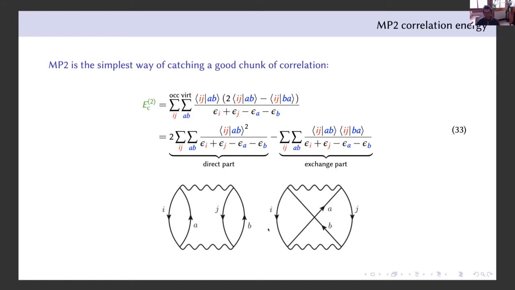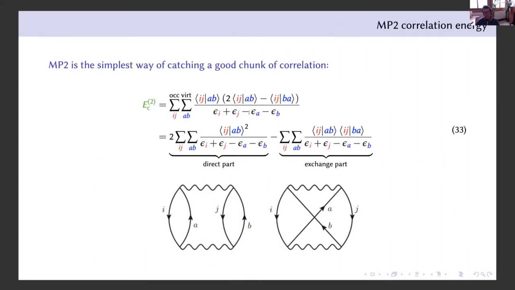So if you write down the MP2 correlation energy expression, you have a sum over i, j, a and b. i and j are occupied orbitals, a and b are virtuals. Basically what you're going to do is sum over a bunch of 2-electron integrals, we know that now, divided by differences in one-electron energies.